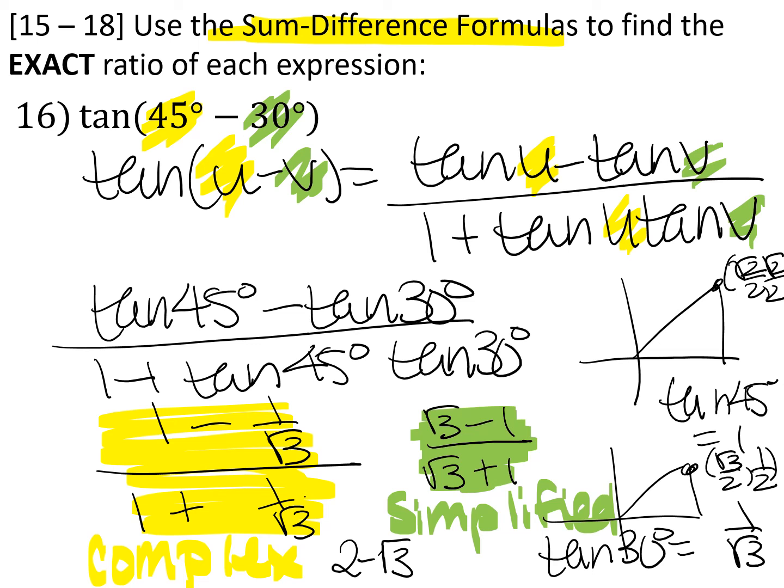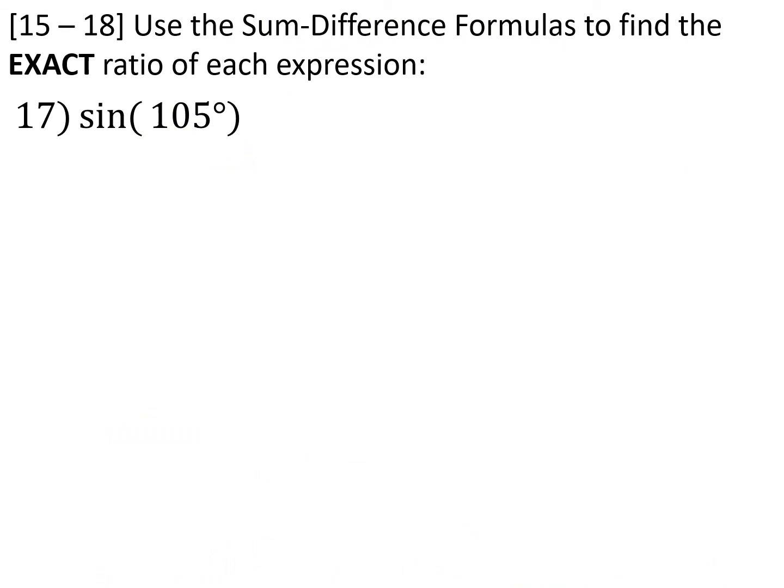Okay, and so I'm going to write that down real quick, just in case you were trying to match it with something in the back of a book. And that's it. Okay, next one, we're using sum and difference formula. That's a big hint for you.